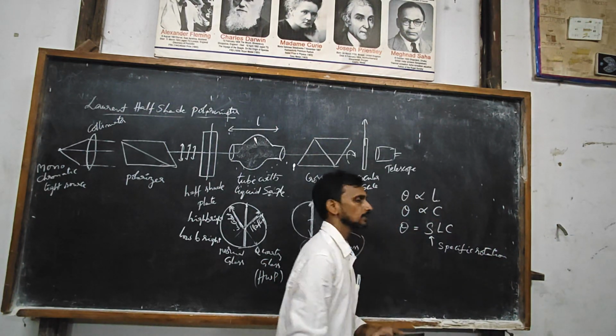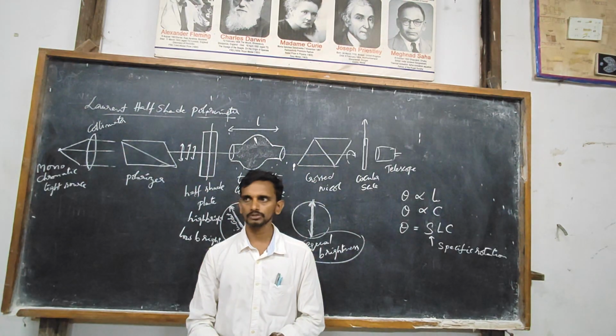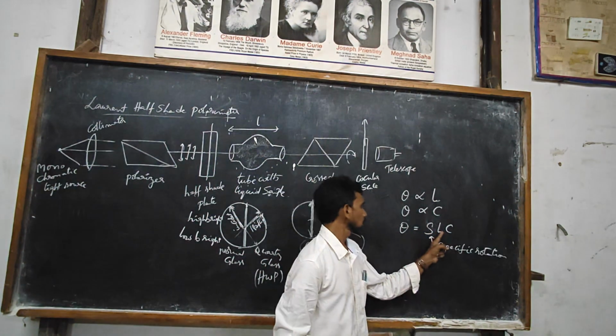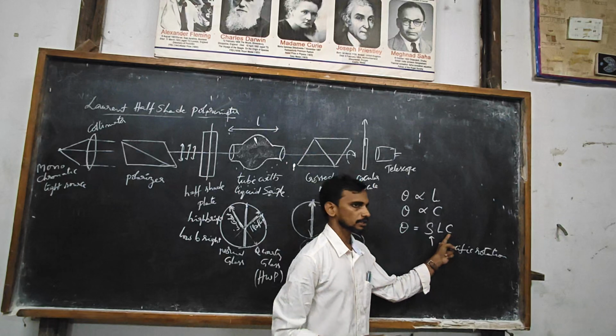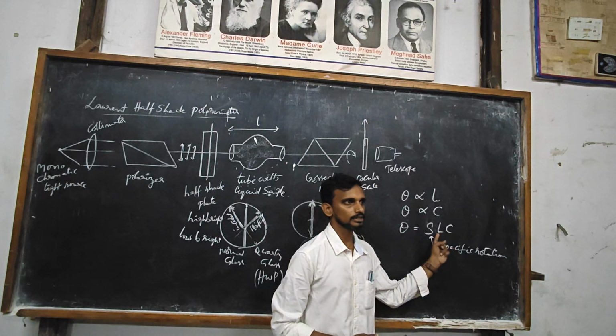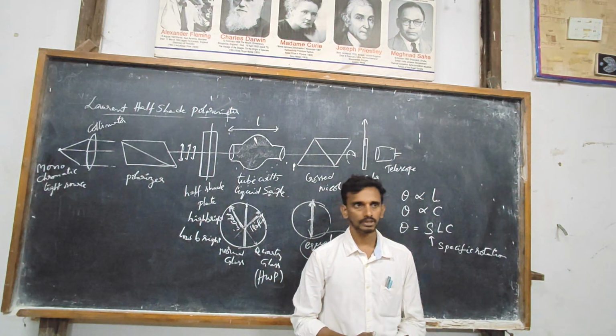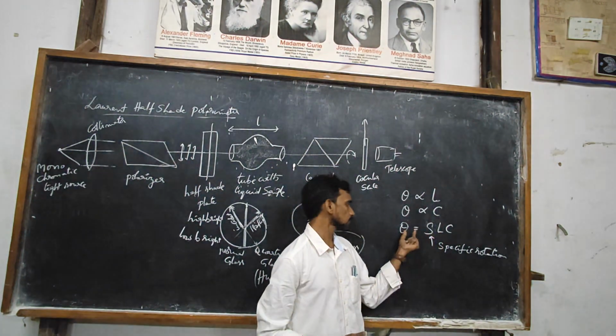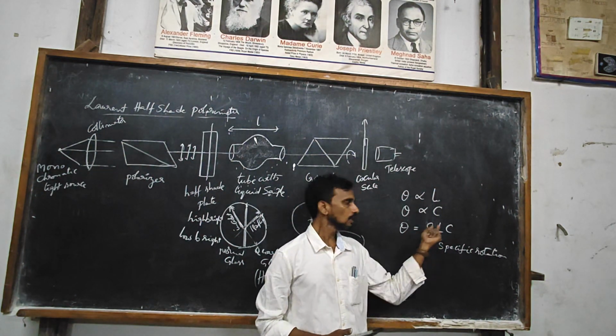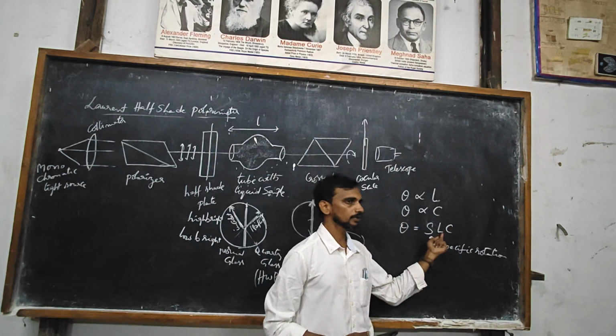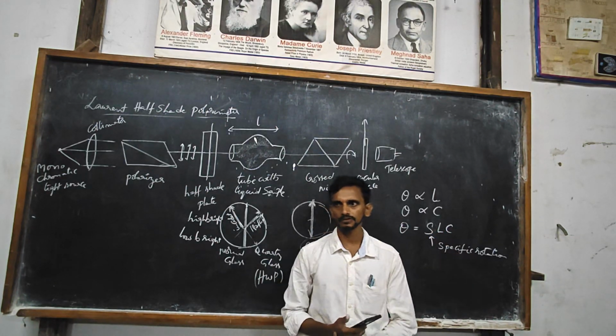So it is the angle of rotation produced by 1 unit concentration liquid in a 1 unit length tube. Specific rotation S is equal to the angle produced by considering a 1 unit length tube and 1 unit concentration of the liquid.